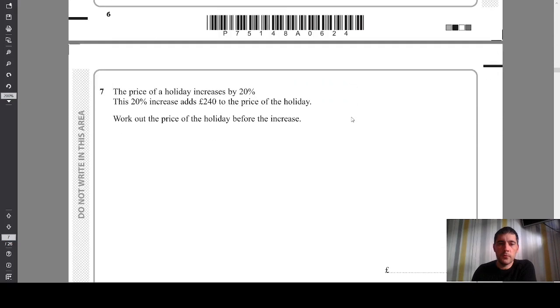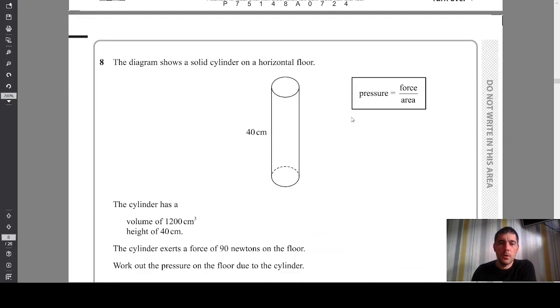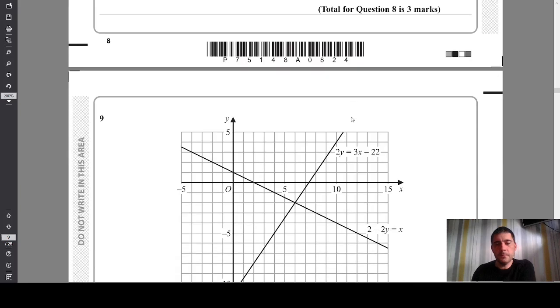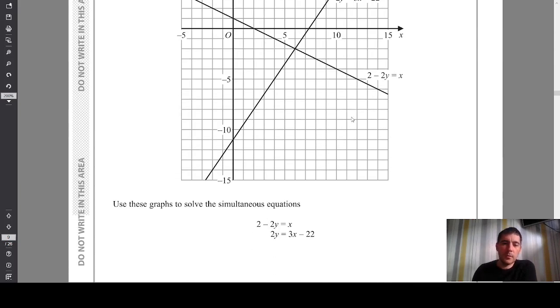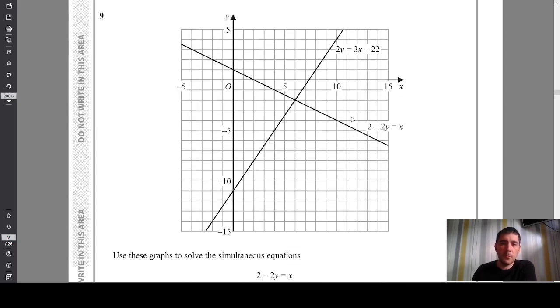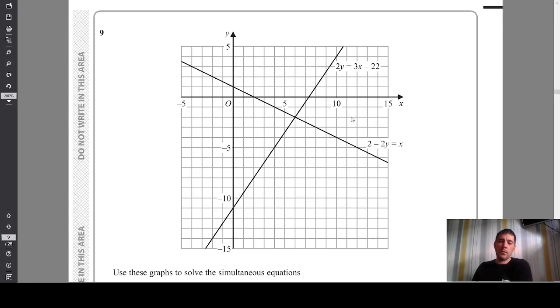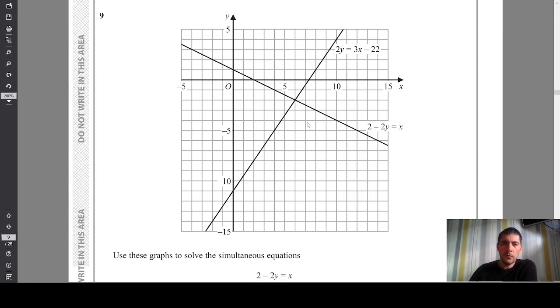So moving on to part 2, into question 9. Okay, so it's pretty much 100% that you'll get similar questions in your exam, so solving equations using graphs. Straightforward, you don't have to overthink anything, you need to trust the line.